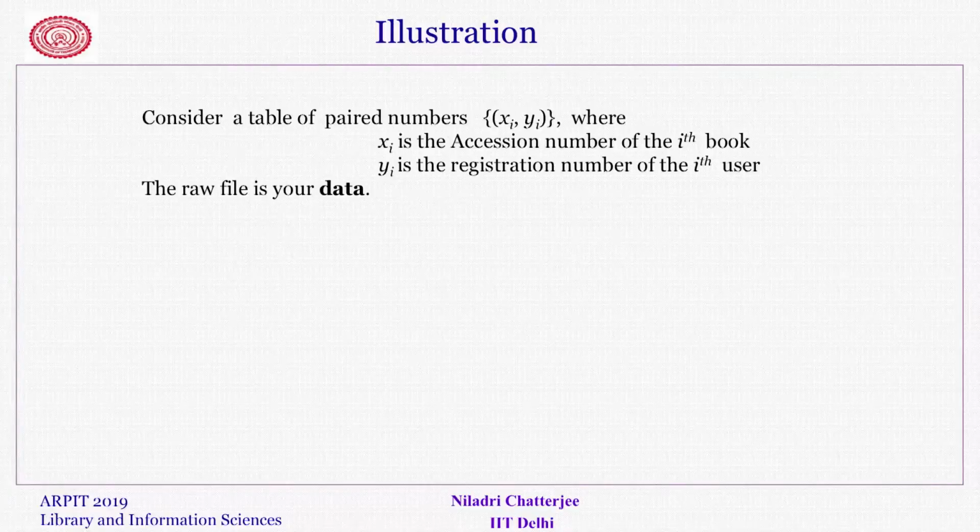So, let me give a very simple example to illustrate that. Suppose I am talking about a library where we have a large number of books and each book has an accession number, let me call it xi, and let yi be the registration number of the user who borrowed that book. So, all the borrowing records of the library I am storing in the form of pairs xi, yi for the ith entry, and the raw file is my data.